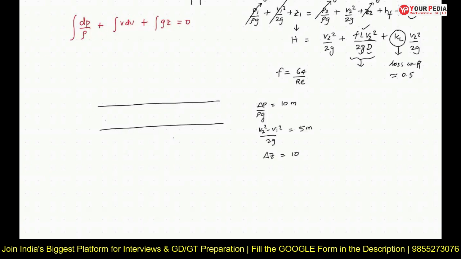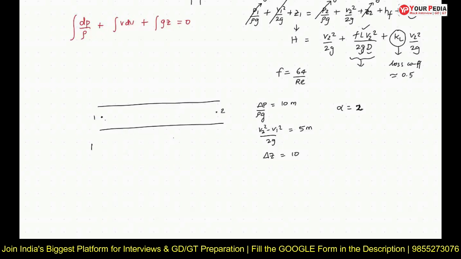Now, if the value of the kinetic energy correction factor is 2 here, then what will be the total energy of the fluid? Yes, the kinetic energy correction factor is 2. Suppose we are taking points 1 and 2.